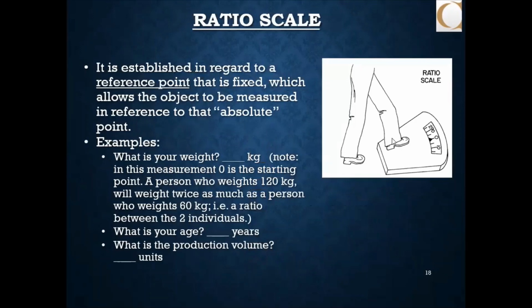So ratio scale. It is established in regard to a reference point that is fixed, which allows the object to be measured in reference to that absolute point. So for ratio scale, what is your weight? You can compare it to another person.